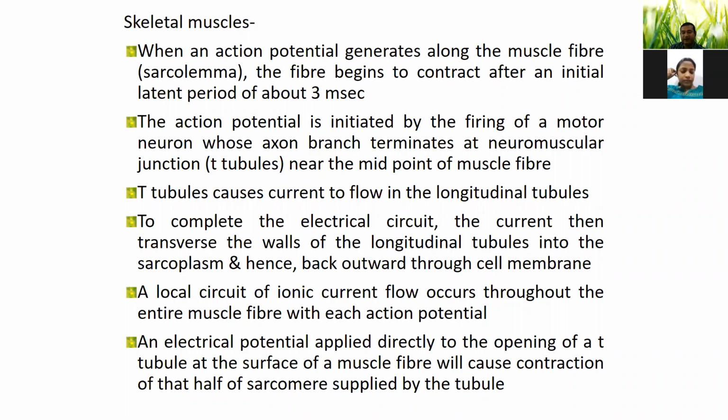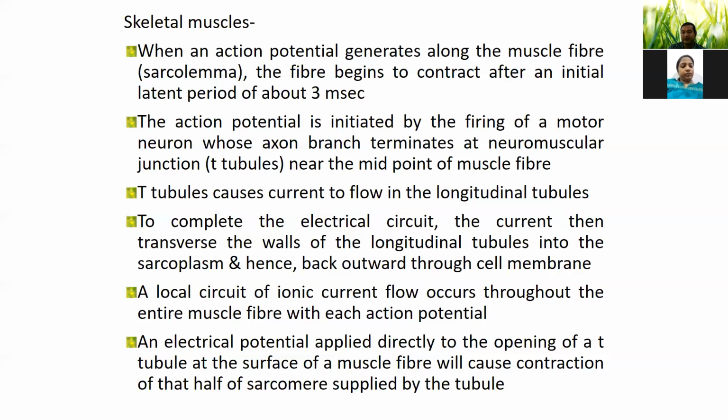To complete the electrical circuit, this current transfers through the walls of the longitudinal tubules into the sarcoplasm and back outward through the whole cell membrane. So when the T tubules connect to the longitudinal tubules, the local circuit of ionic current flow is completed, and throughout the entire muscle fiber, the action potential will be generated.